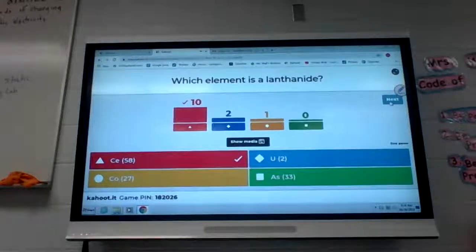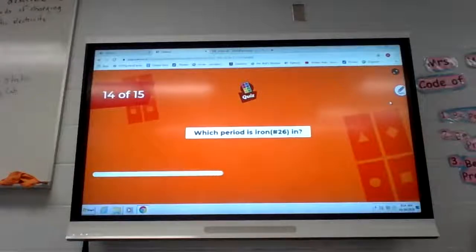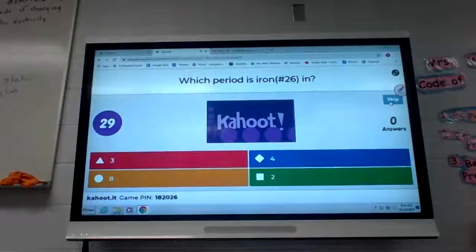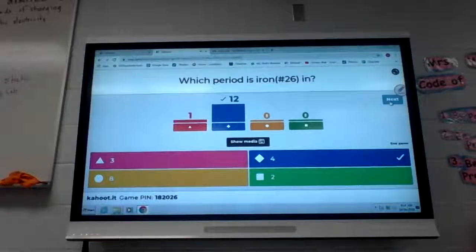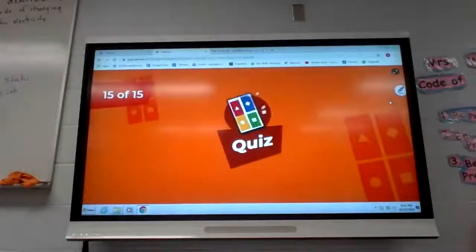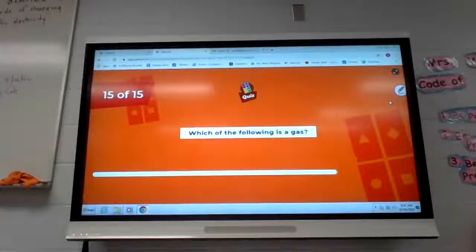See, E is right here, so it's lanthanide. There is in period 1, 2, 3, 4, period 4. Last question. Which one's gas?